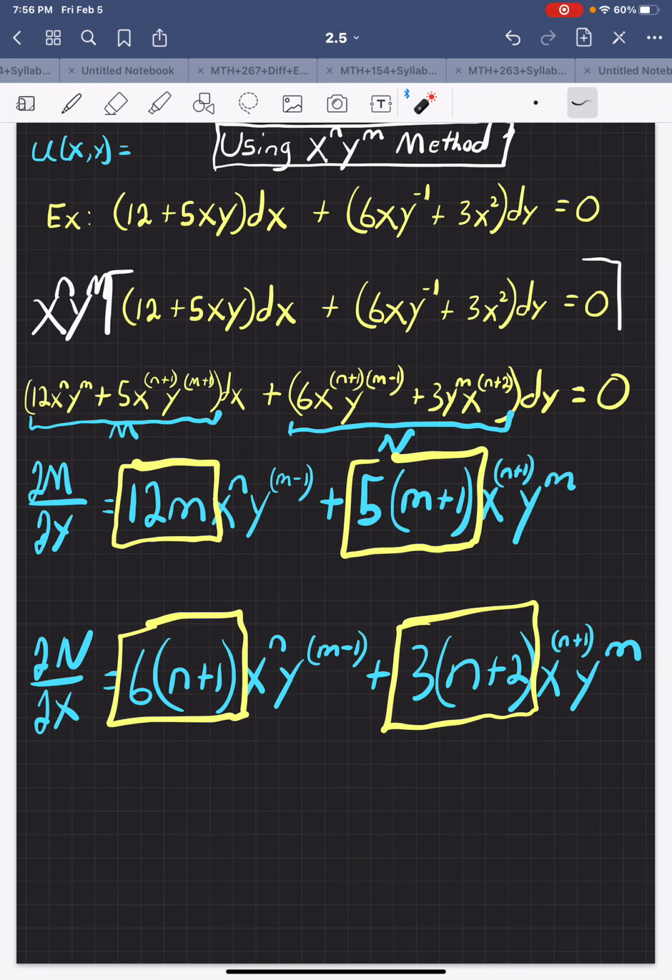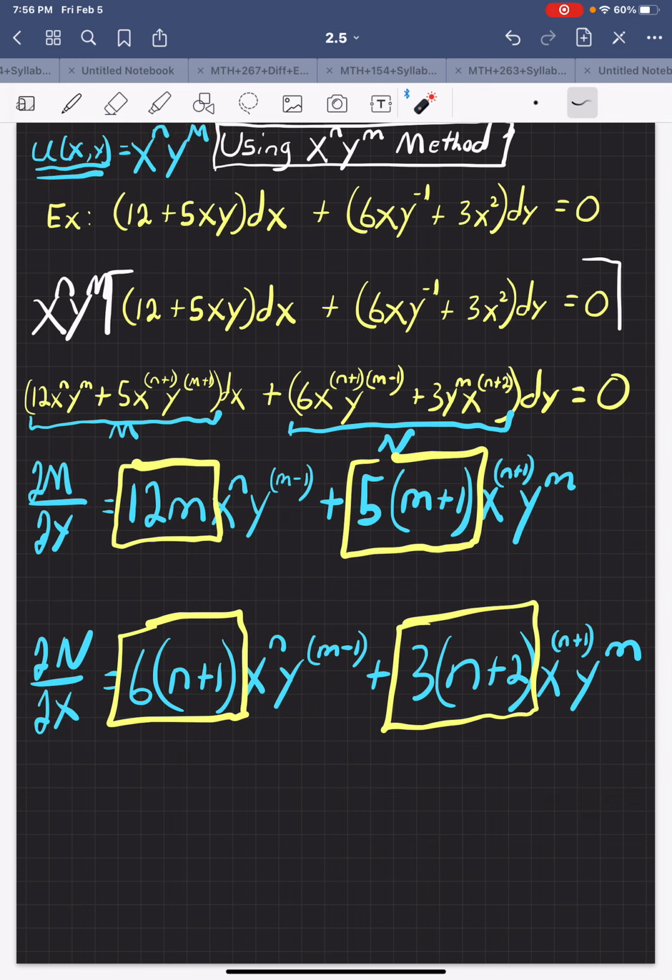In essence, the reason we choose to multiply by x to the n, y to the m is that we're saying the special integrating factor is going to look like this: x to the n, y to the m. The problem is we don't know what n is, nor do we know what m is, but we know this is what the special integrating factor should look like.